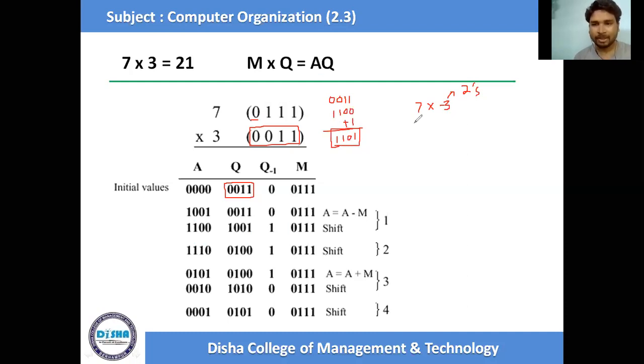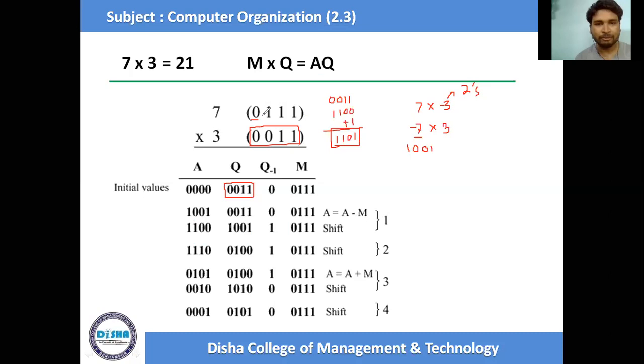Sometimes minus 7 is multiplied with 3. That is also possible. There is no plus 7 there, only minus 7. So minus 7 means 0 0 0 1 inverted, so its value is 1 0 0 1.